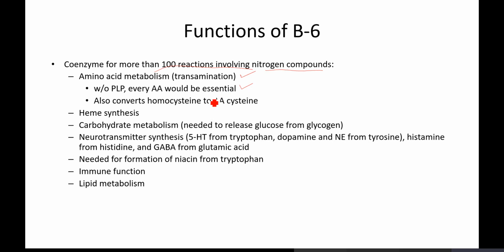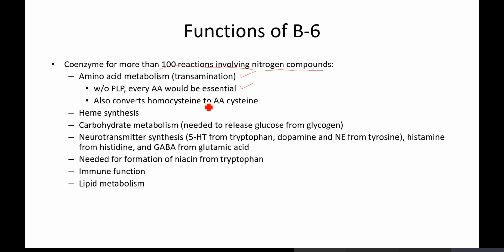The synthesis of certain products such as serotonin, histamine, and niacin coenzyme from amino acids is dependent on this important vitamin, pyridoxine. Pyridoxal phosphate participates in reactions such as transamination, decarboxylation, deamination, transsulfuration, and condensation, so many reactions.